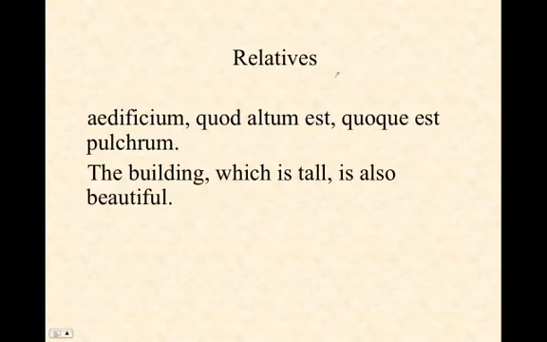Here's an example of a neuter. Aedificium is a neuter noun. Aedificium, building. The building is beautiful is kind of the main point. But the relative adds in an additional piece of information. The building, which is tall. Quod is the relative pronoun for nominative, and we'll see also accusative, going back to a neuter noun.